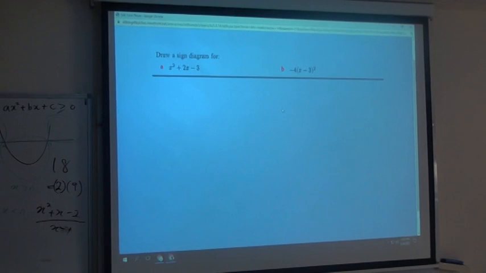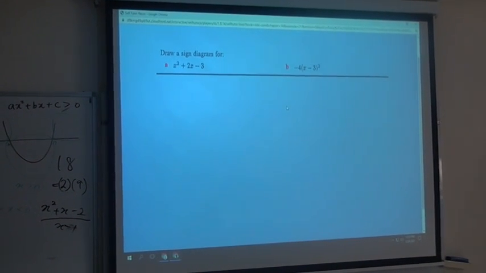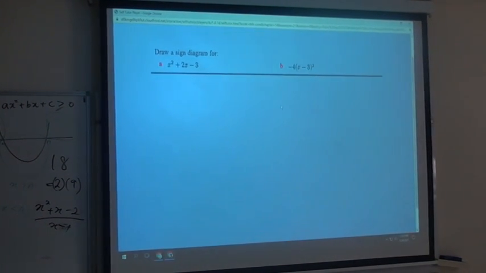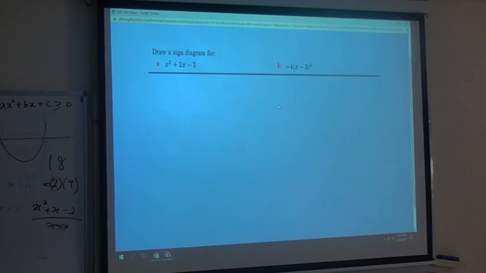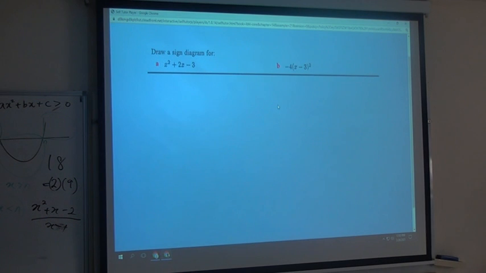We use sign diagrams to show the values of the variable x for which a function is positive, negative, 0, or undefined. For functions written in factored form, we can usually draw a sign diagram without graphing the function. In part A, the quadratic function is given in general form, so we first need to factorize it.